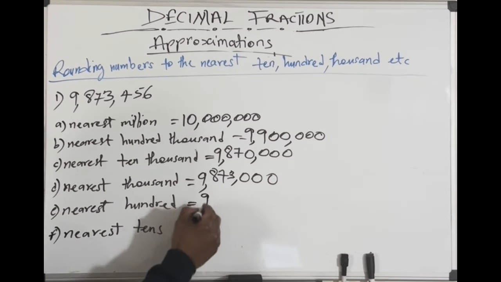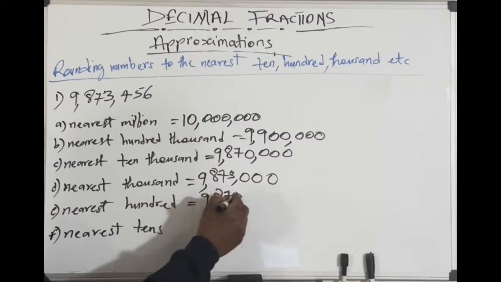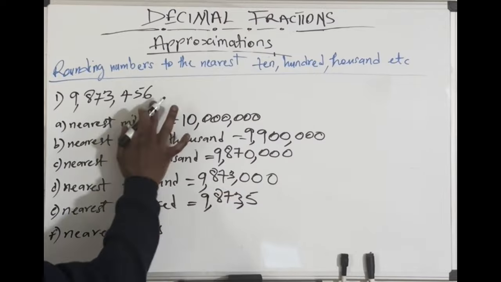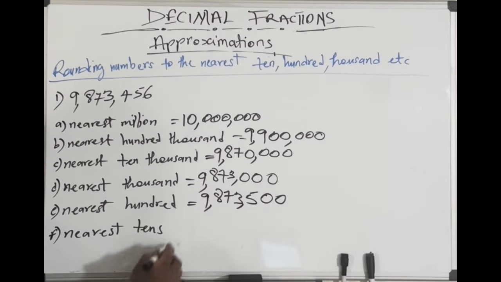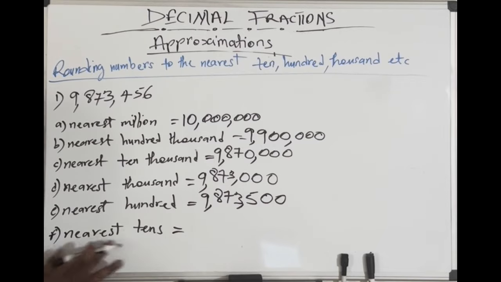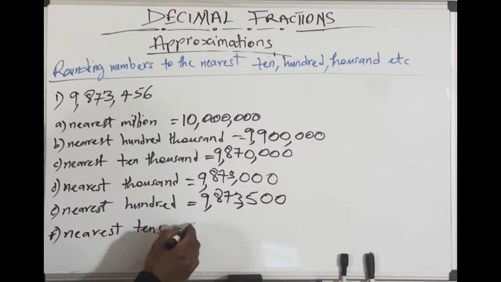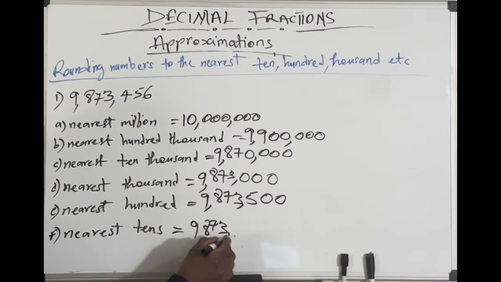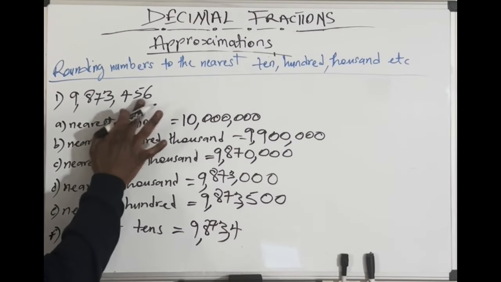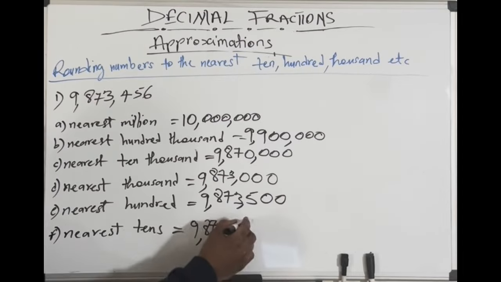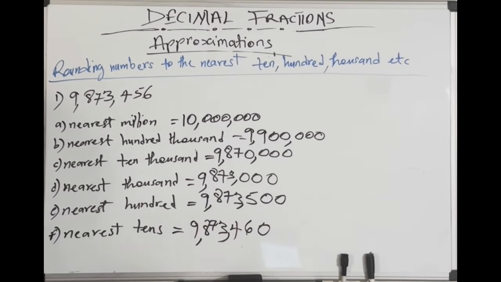So we have 9, 8, 7, 3, then 5, then 0, 0. Then lastly, nearest tenths. So 9, 8, 7, 3, 4. The next number is 6, so we change it to 6. Very easy. Okay.